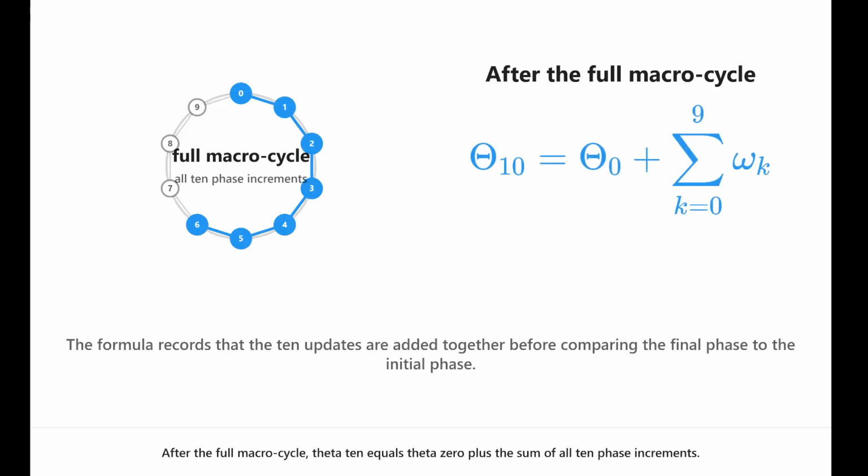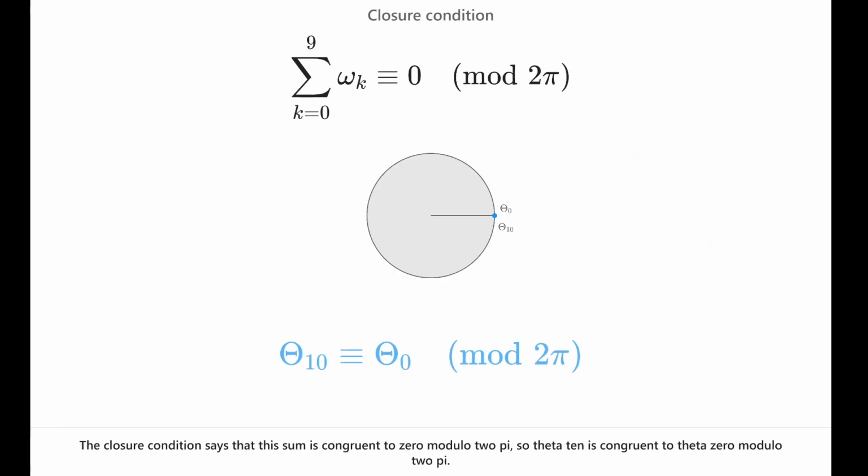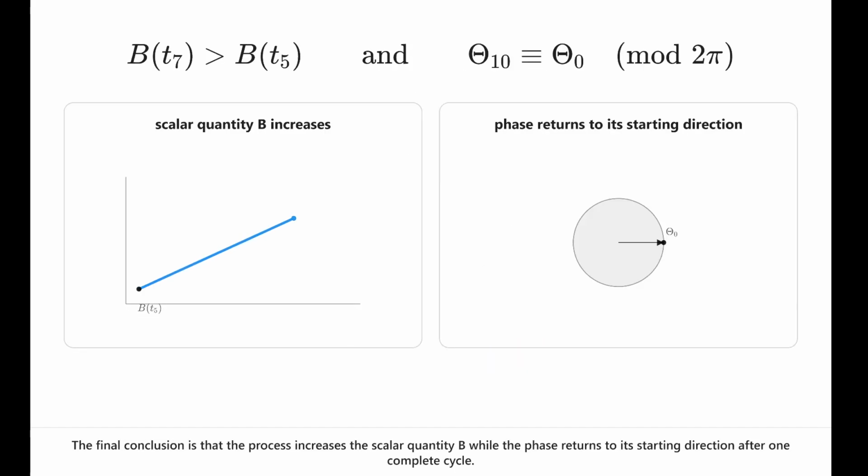After the full macro cycle, theta 10 equals theta 0 plus the sum of all 10 phase increments. The closure condition says that this sum is congruent to 0 modulo 2 pi, so theta 10 is congruent to theta 0 modulo 2 pi. The final conclusion is that the process increases the scalar quantity B while the phase returns to its starting direction after one complete cycle.